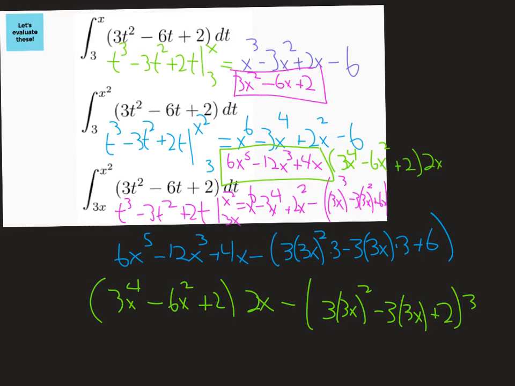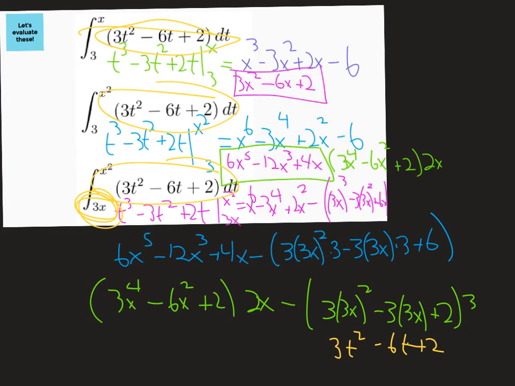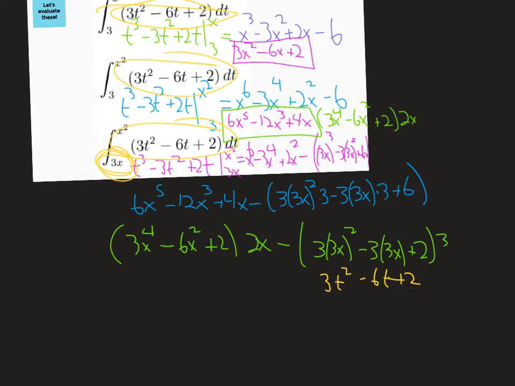Ooh, that's interesting. You should see some connections. I'm pausing to give you a moment to think. I started with 3t squared minus 6t plus 2. So I started with what we have up here, or here, or here. This right here looks a lot like 3t squared minus 6t plus 2, except t is 3x. Could I think of this piece as that?